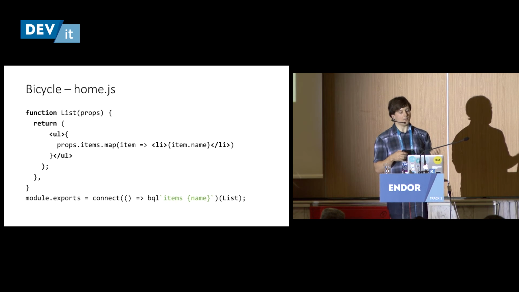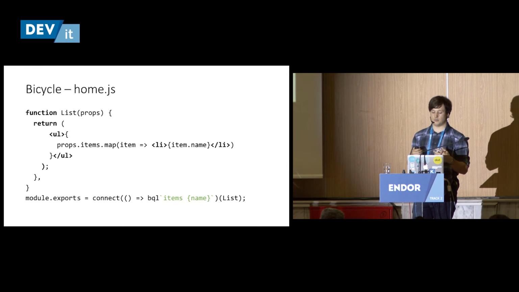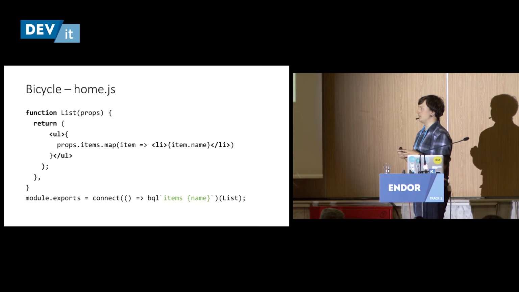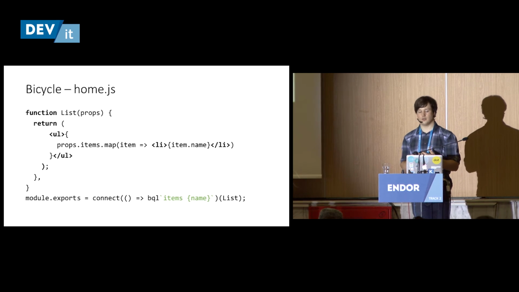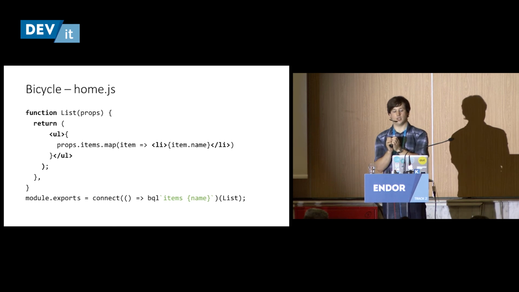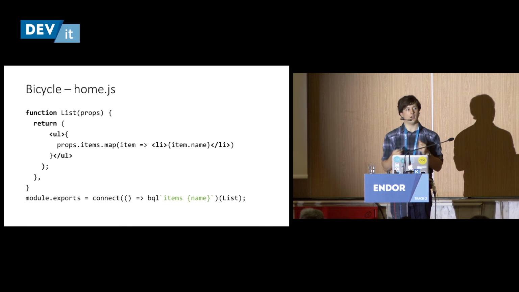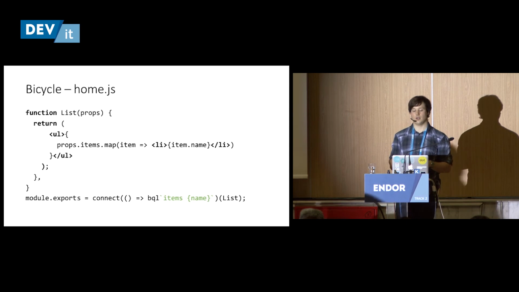And then what we can use is a connect method provided by Bicycle, which is this sort of higher order component. It takes a query, which is the bit of that schema that we're interested in. Here we've said we're interested in the items, and for each of the items we want the name of the item.